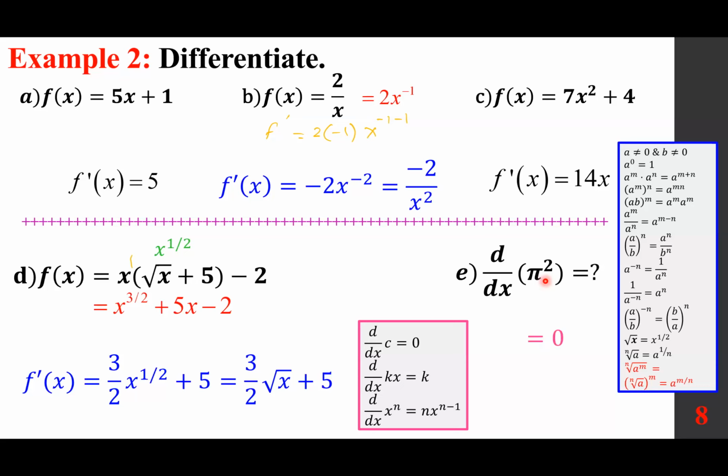Perfect. Therefore, the answer is 0. You should notice this is a number in any format. Any number, the derivative is 0. So you are dealing with this case, everybody: the derivative of a constant.